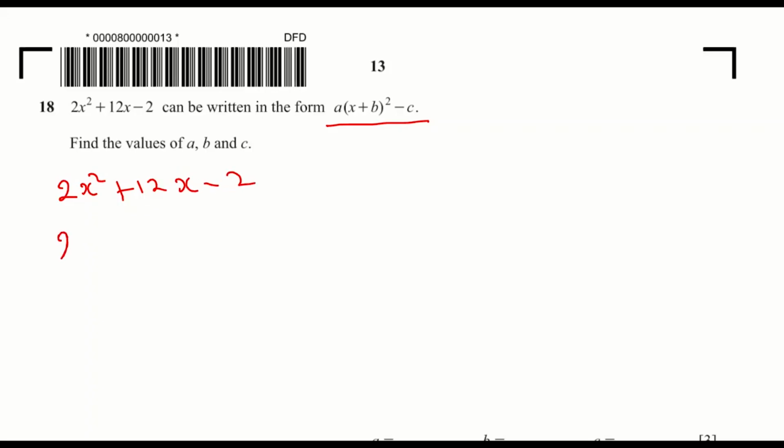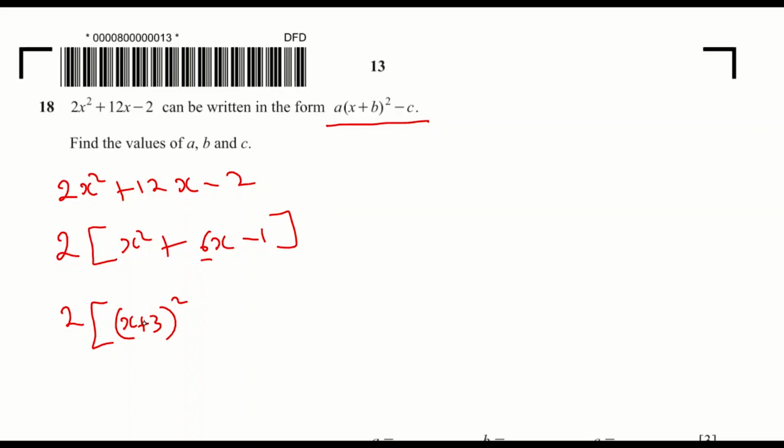Let's factor out 2. So it will be x squared plus 6x minus 1. Then we can go with this. Let's half this. Half of this is 3. So that will leave us with x plus 3 all squared.